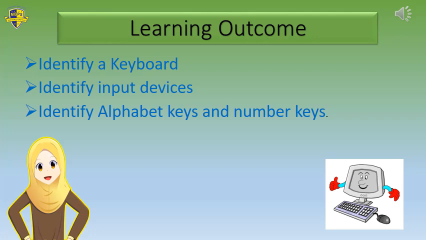Yes, we will be able to know whether the keyboard is an input device or not. Number 3, identify alphabet keys and number keys. So if we have a keyboard in front of us, we should know which are the alphabet keys and which are the number keys. Good luck!